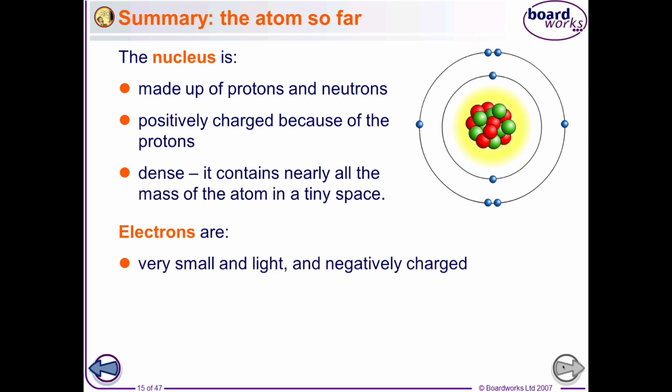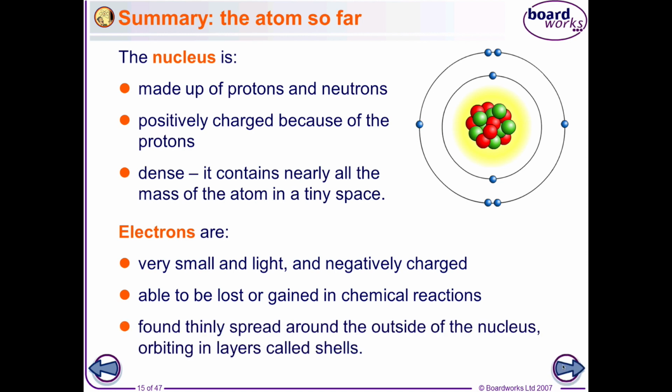And electrons are very small and light, they have a negative charge, and they are able to be lost or gained in chemical reactions, which we'll talk about in a little while. And finally, they're found in shells, and as you should know, the first shell is capable of holding 2, and all the other shells are capable of holding 8, and you can't move on to the next shell until the shell below it is filled.